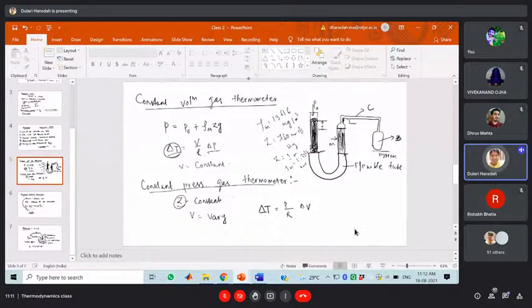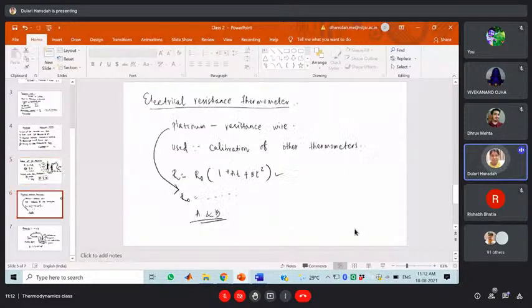That variation of volume will be used in the ideal gas equation, and this equation is used to find the temperature. Here also, temperature will vary linearly with the changing volume of the gas.